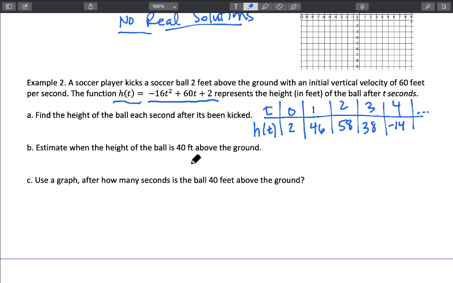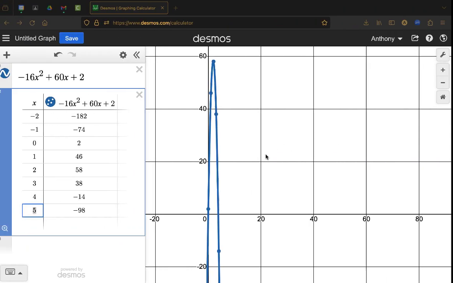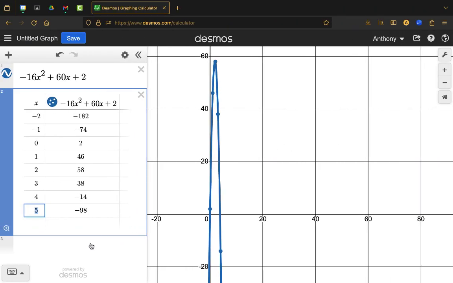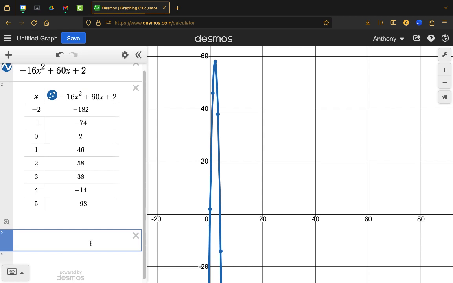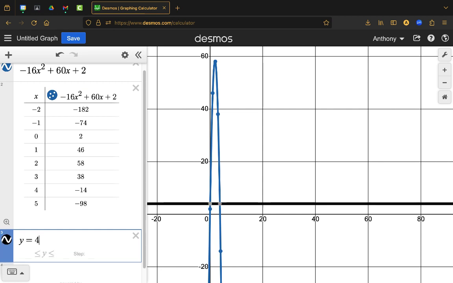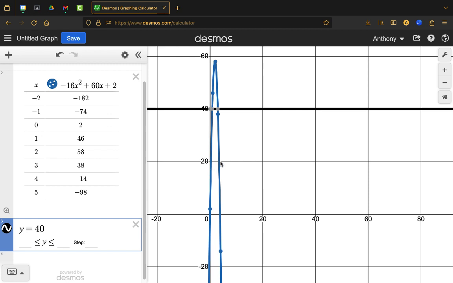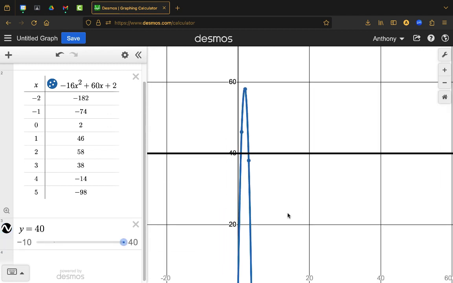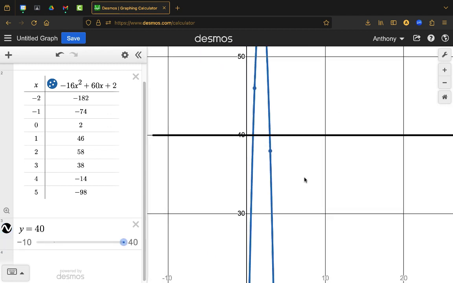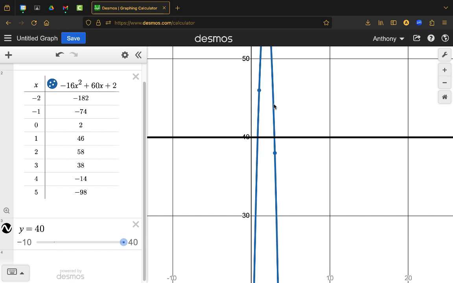Estimate when the height of the ball is 40 feet above the ground. So a neat little trick to do with this one here is to actually just graph the horizontal line, y equals 40. And what you see here is that the path of this ball is shown in blue or purple, and the height of 40 is shown in black.